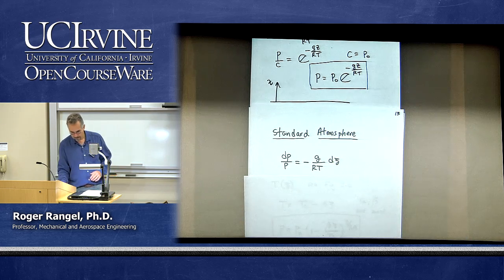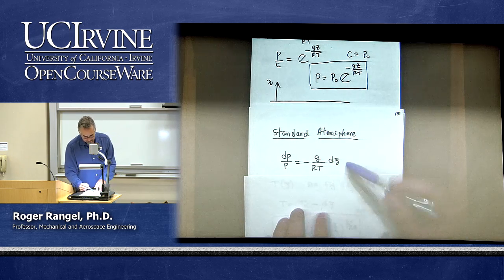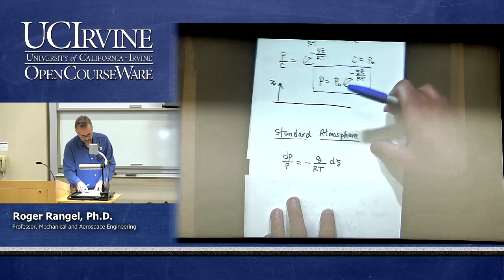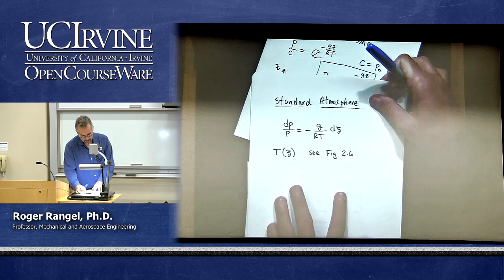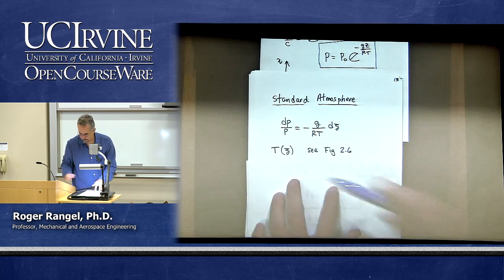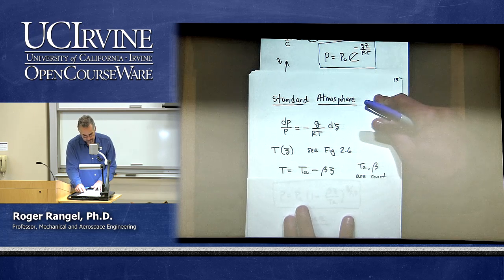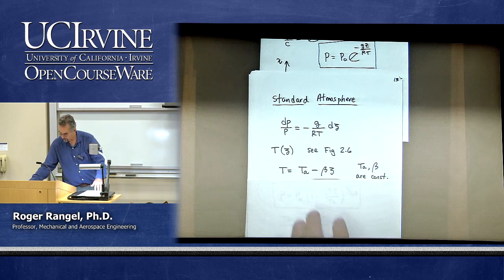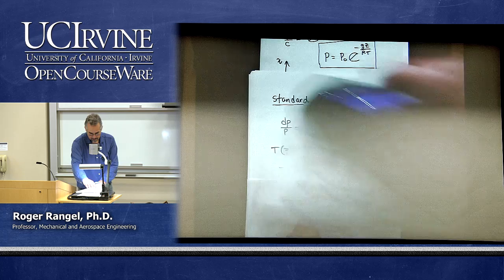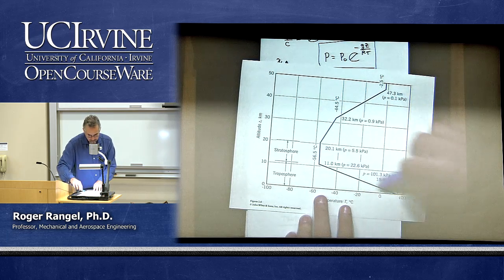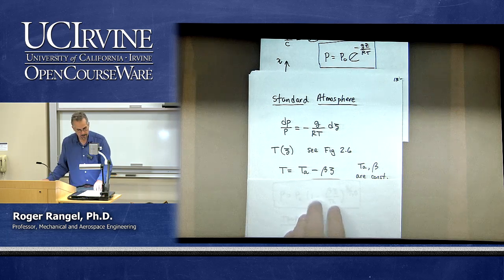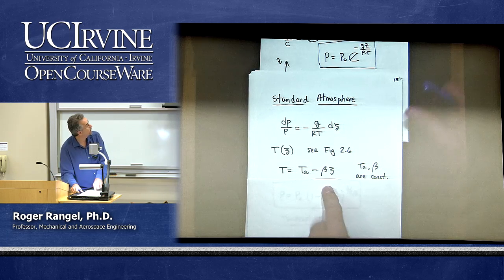So essentially what that does is, rather than assuming that the temperature is a constant, it gives you the temperature as a function of height. And in the case of the troposphere, as you can see, it's a linear function with a negative slope. The temperature is dropping as you go up. So you can represent it by something like this.